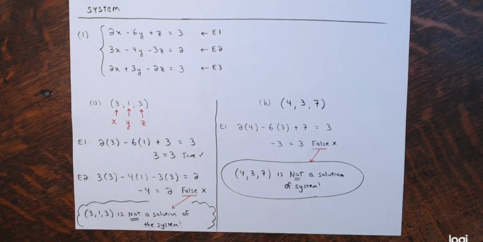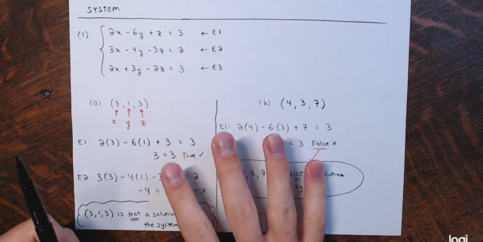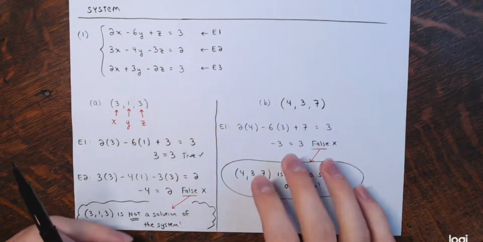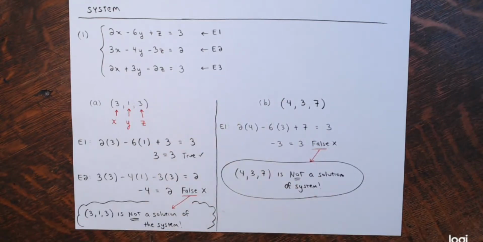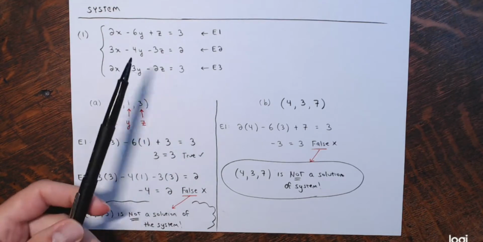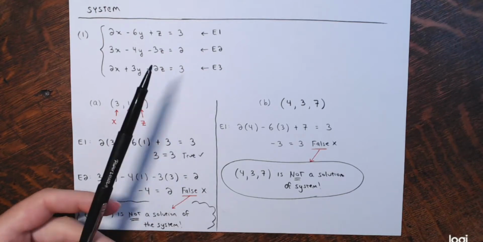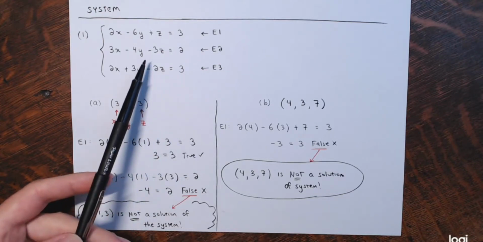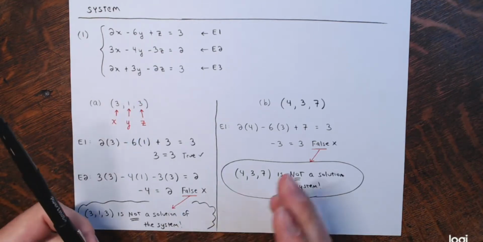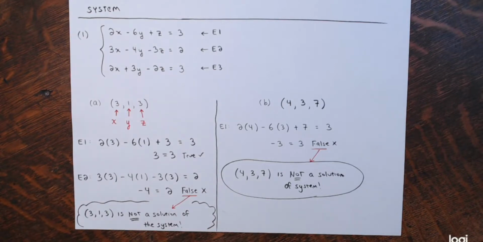So don't just say, oh, this must have no solution because these two don't work. There are still infinitely many triples out there that could possibly work. We'll see in a future video how I would go about solving a system like this through elimination. But for right now, we're just checking ordered triples.